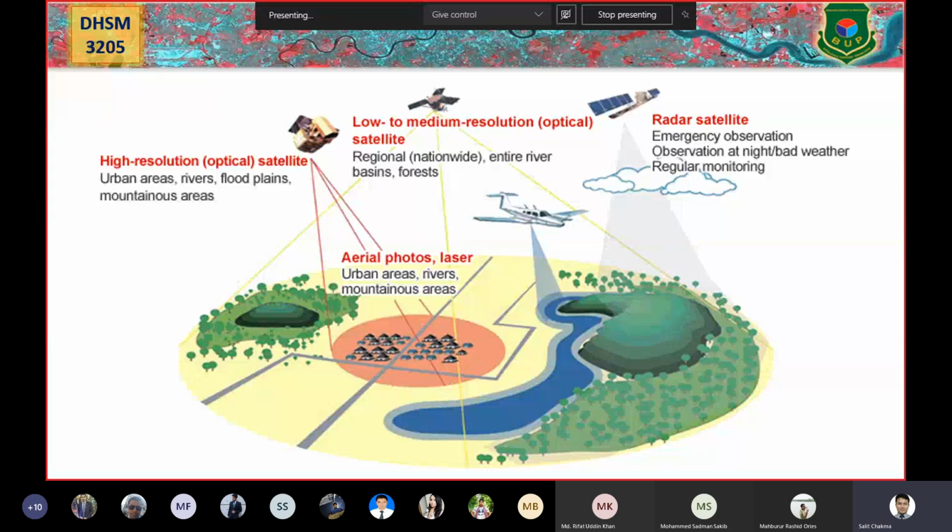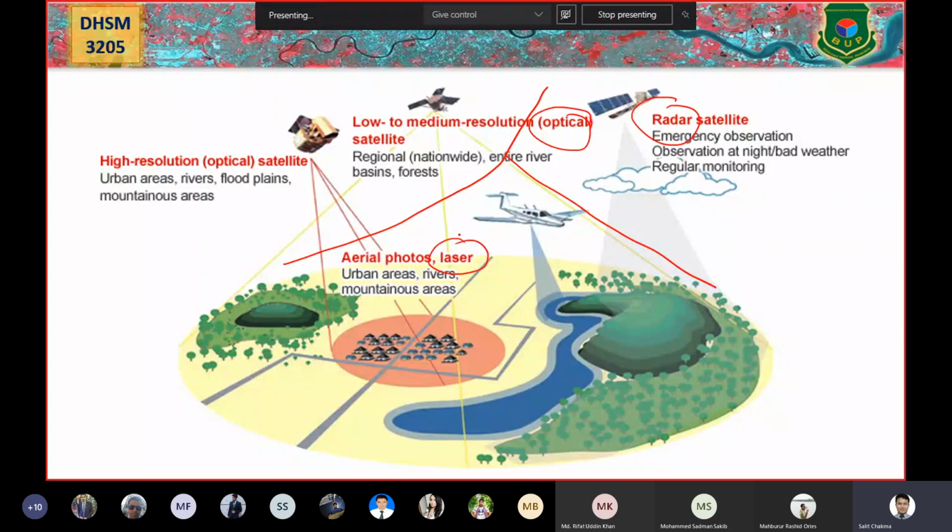Based on this technique of sending the signal or just using the solar energy, the remote sensing is again divided. In this example, the remote sensing is divided into three categories. Here is optical, and then radar, and then laser.